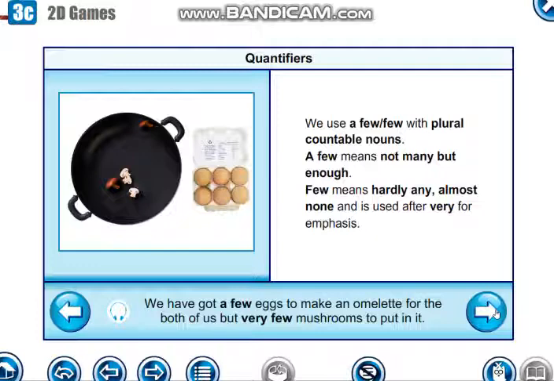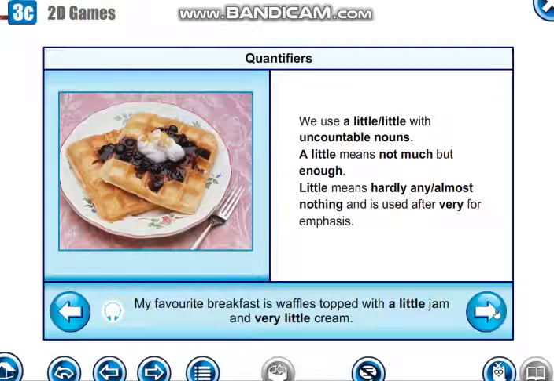Look at the picture. A few eggs. For example, 6 eggs. The next is we use a little with uncountable nouns. A little means not much but enough. For example, my favorite breakfast is waffles topped with a little jam and very little cream. Look at the picture, there is not so much jam, a little.